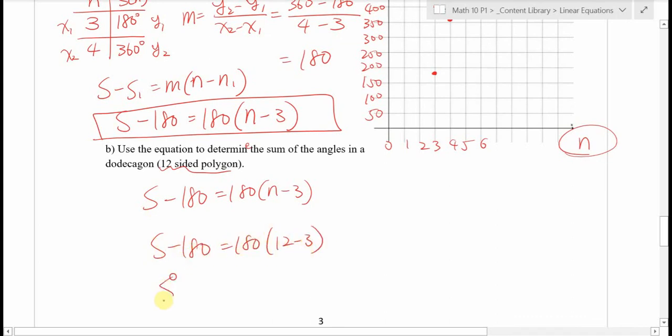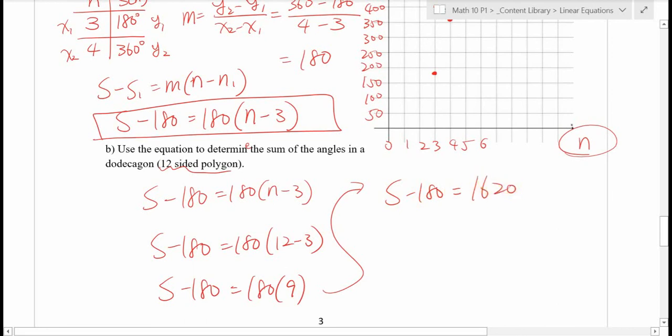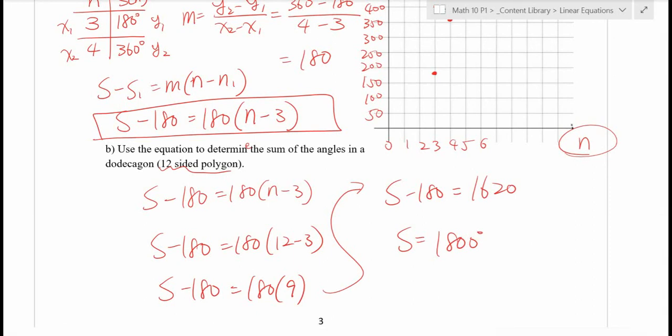So s minus 180 is equal to 180 times 9, which is 1620. And finally, to solve for s, you add 180 to both sides, so you get 1800 degrees. So in a 12-sided polygon, the sum of the angles would be 1800 degrees.